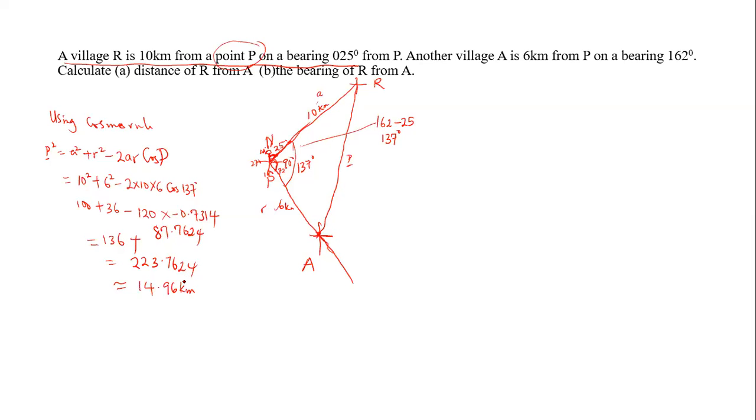They didn't point out what to the nearest. But 14.96 kilometers is what we have. That's the distance for question A, the distance of R from A. So that is on that one.